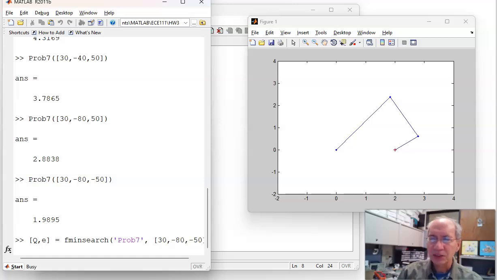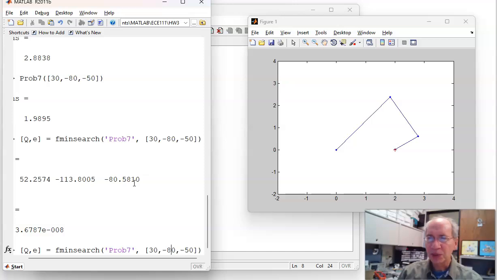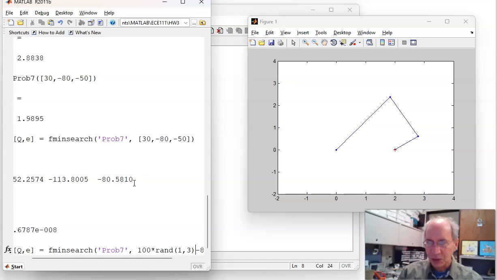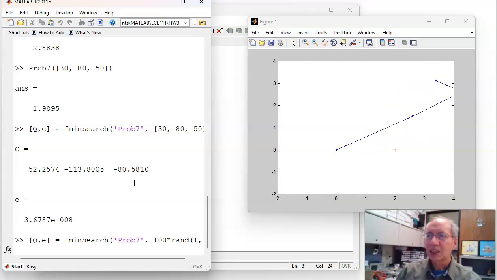And in this case, the answer that I got is, drum roll please, right here, 52.2 degrees, minus 113 degrees, minus 80 degrees. Now this answer is not unique. If I give it a random initial guess, here's just a bunch of random numbers, it's my first guess, it'll wind up at a different solution.